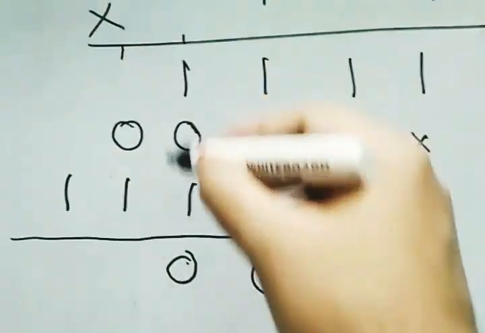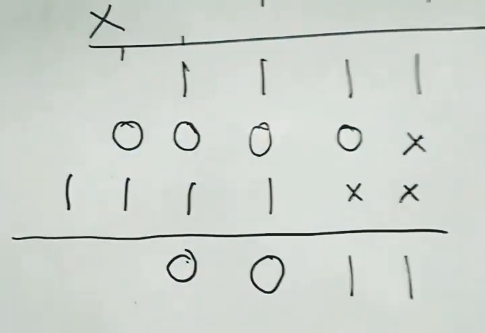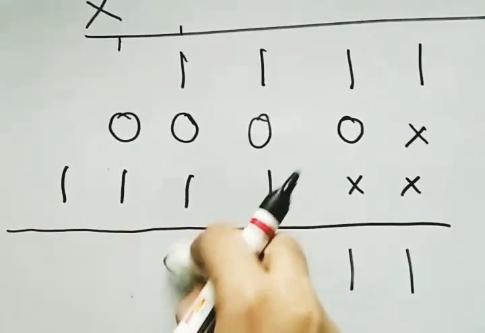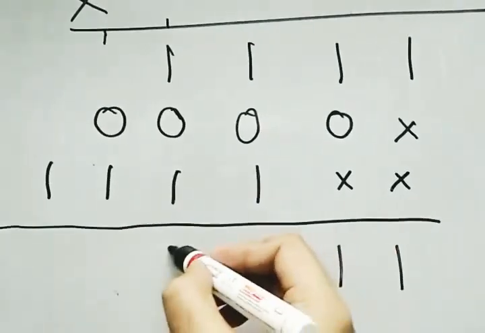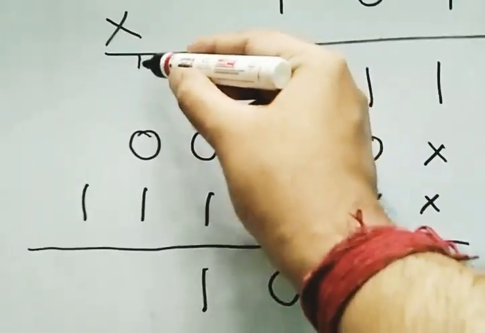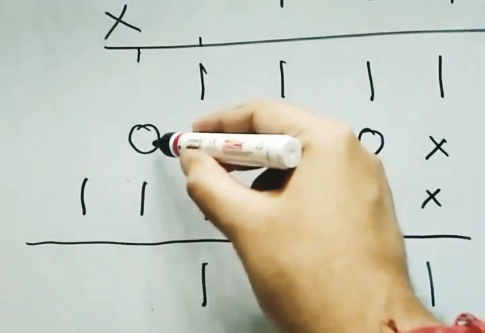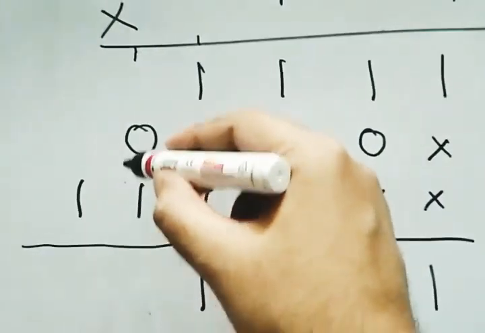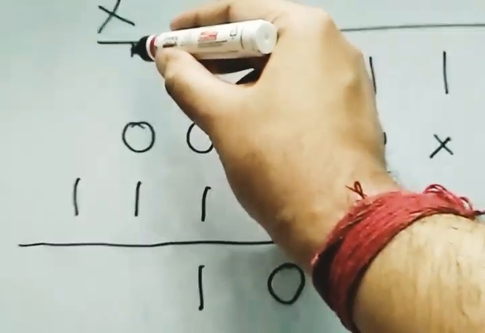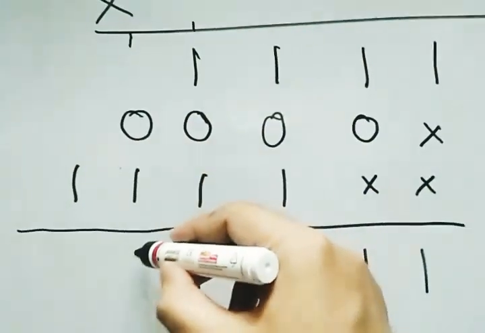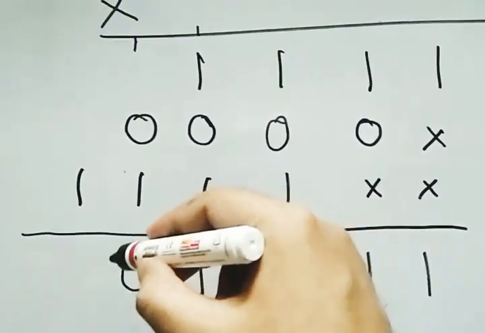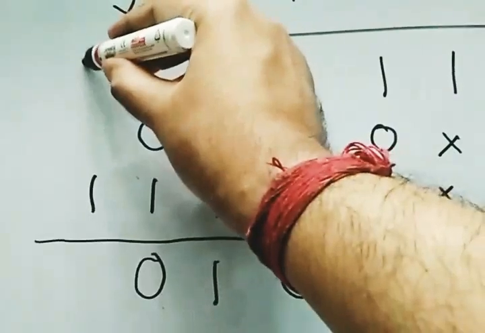This 1 will be added to this 0 and it will become 1. Here also one carry is there. Actually this 0 plus 1 is 1. Now this 1 will be added to this carry. 1 plus 1 now will become 0 and a 1 will be carried to the next column.